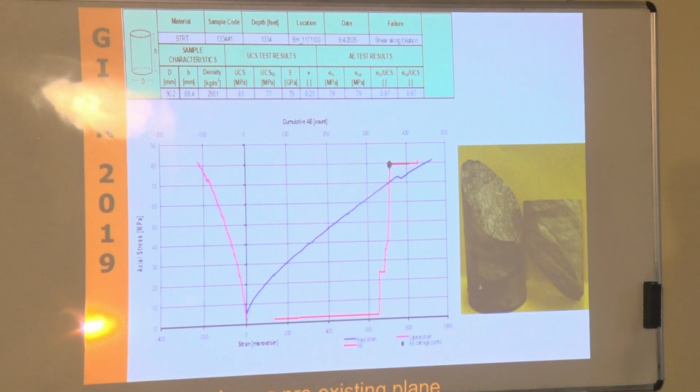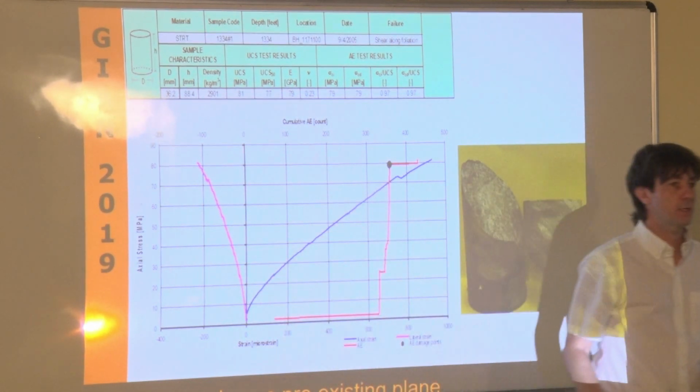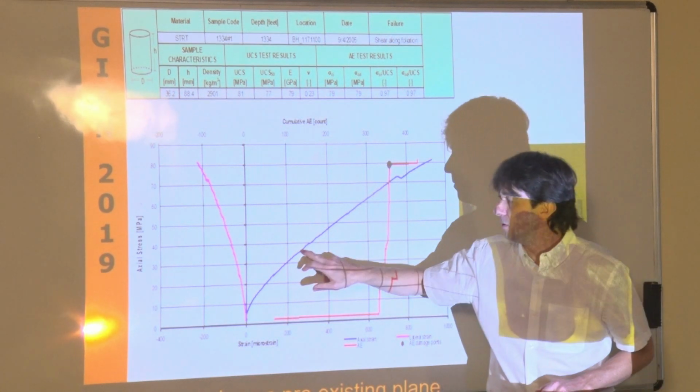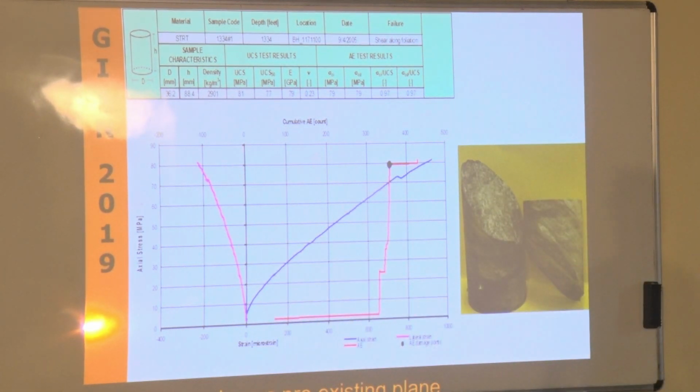You have one value at 50% of the strength. So here, you're going to measure your radial strain and you calculate your Poisson ratio. If you pick a different value of stress, your Poisson ratio will be different. So, why am I saying that?